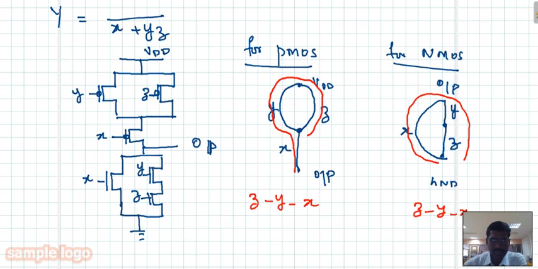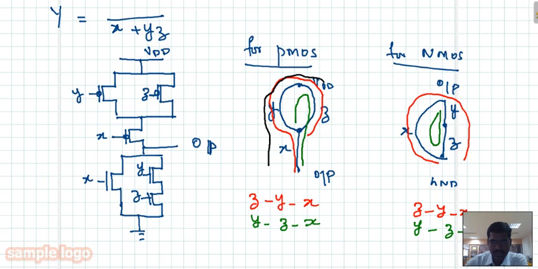The other path I can go like this: y, z, x. Here also I can go like this, y, z, x. Otherwise I can go starting from x.